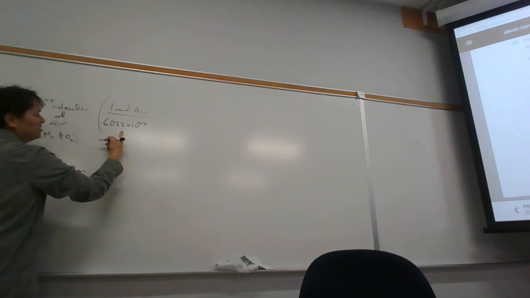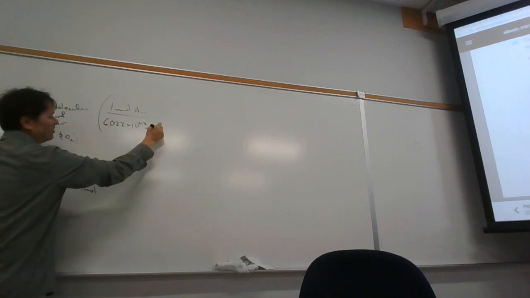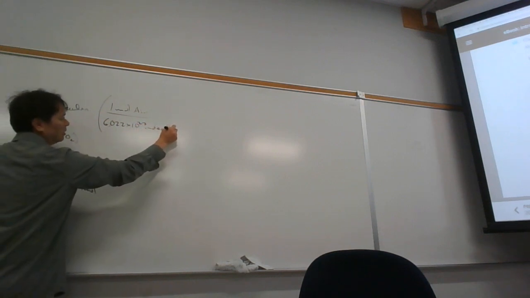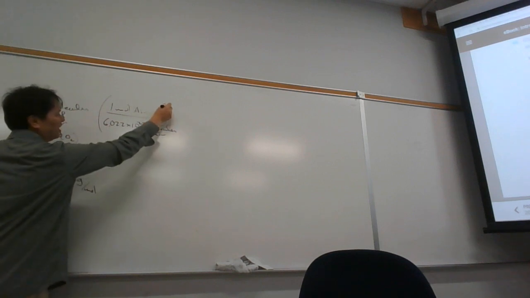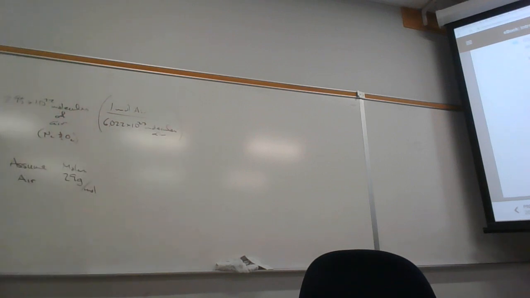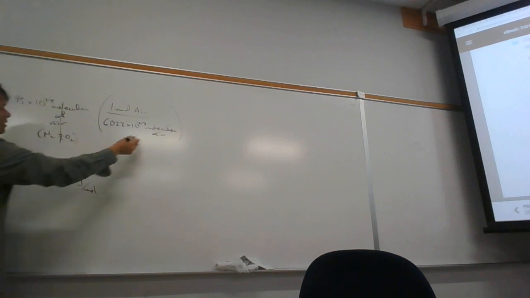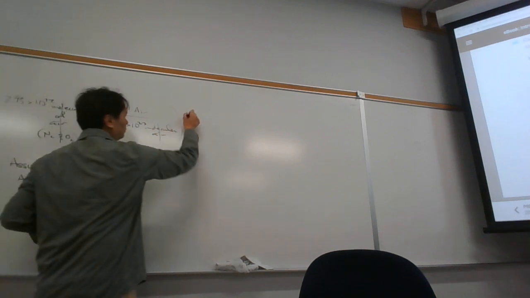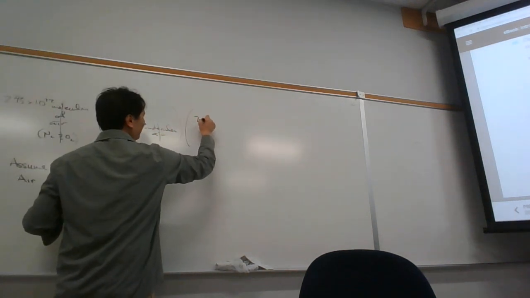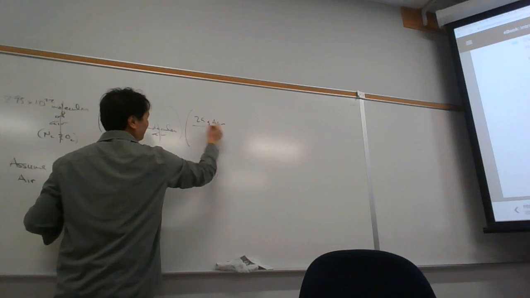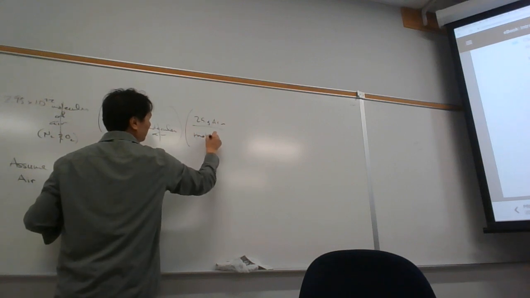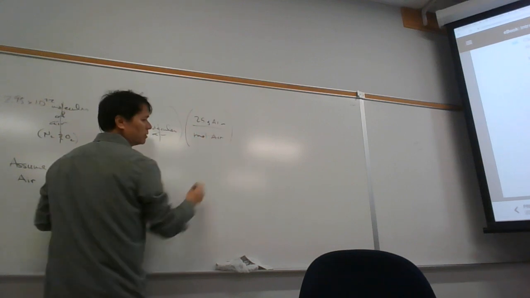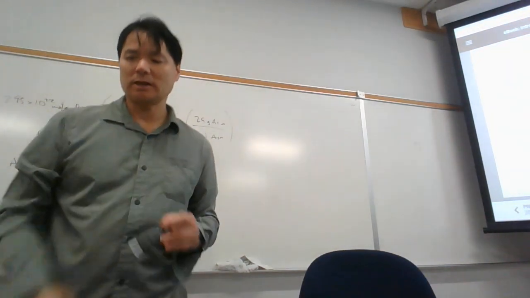Good. 6.022 times 10 to the 23rd molecules of air. Air is a mixture, but sometimes we treat mixtures like this. And so that gives us moles of air. And then we'll use this as the next conversion here. 29 grams of air for every mole of air. And so how many grams of air did this person just inhale?